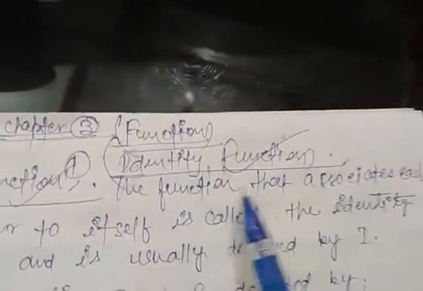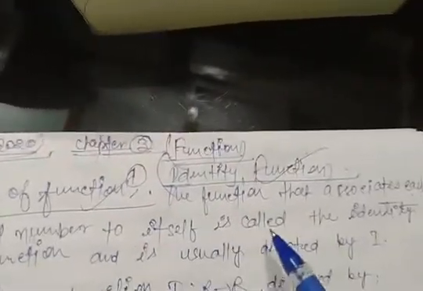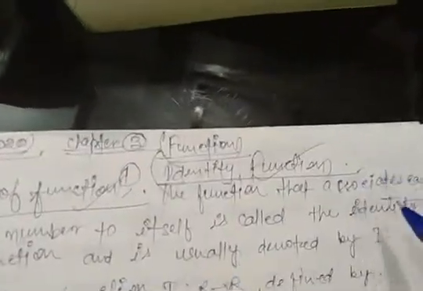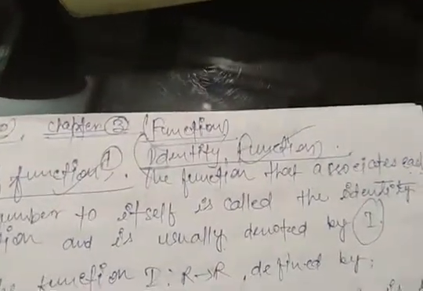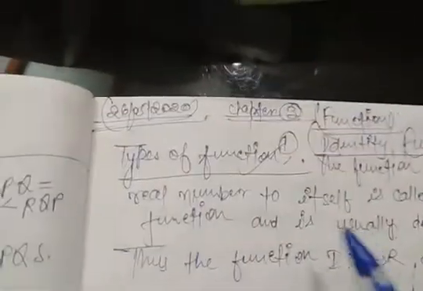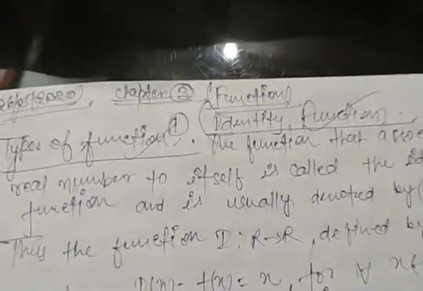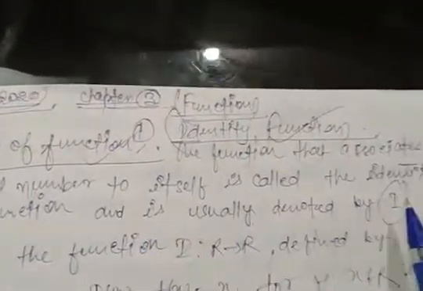The function that associates each real number to itself is called the identity function, and it is usually denoted by the letter I.